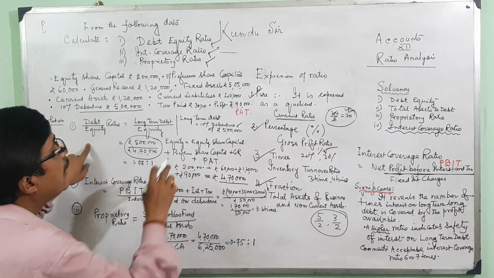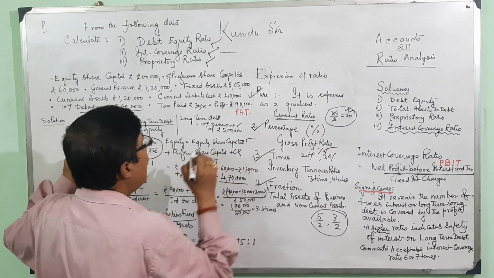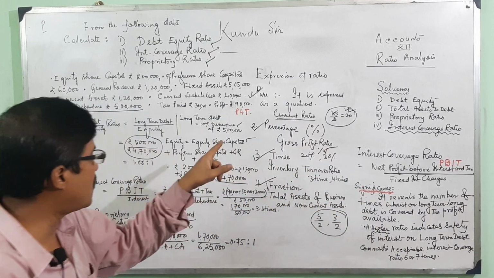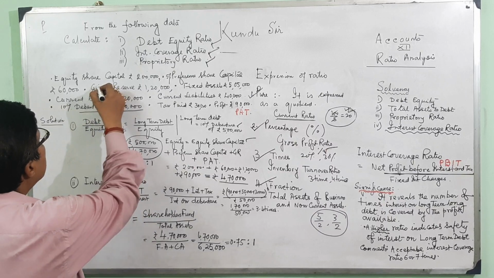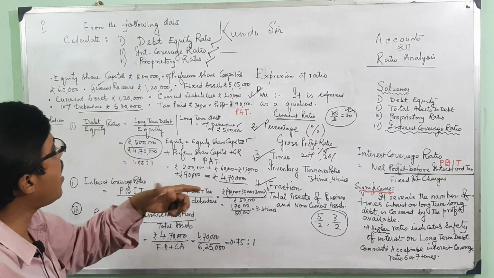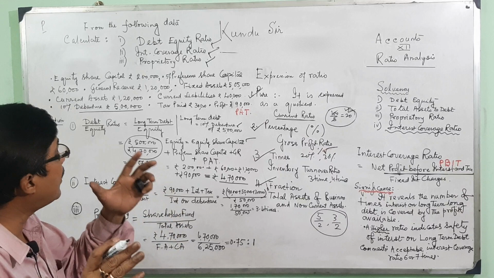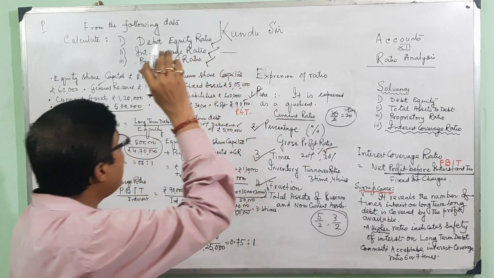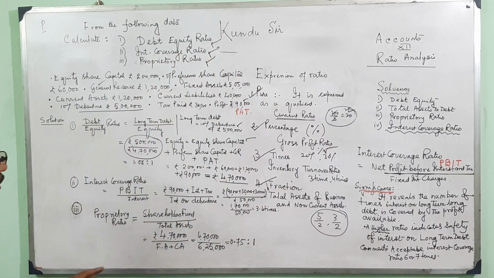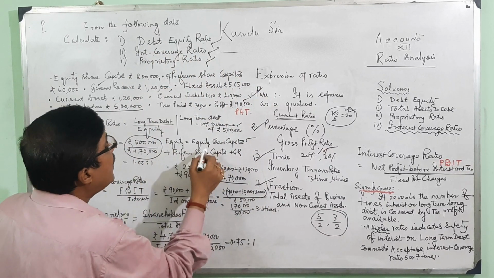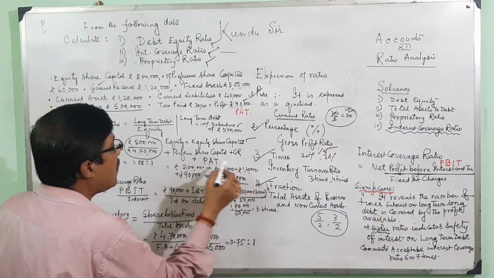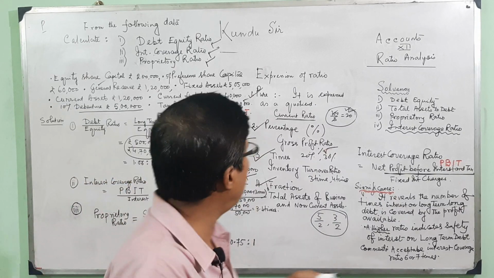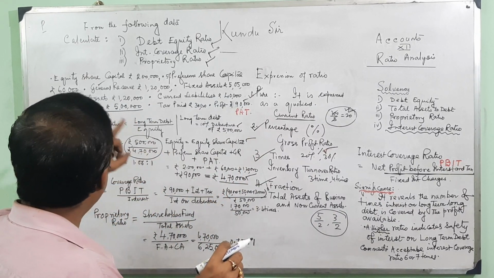Then equity is equity share capital, preference share capital, general reserve (GR) and PAT, profit after tax, which is 90,000. If we add these together, it equals 4,70,000. That is the equity.